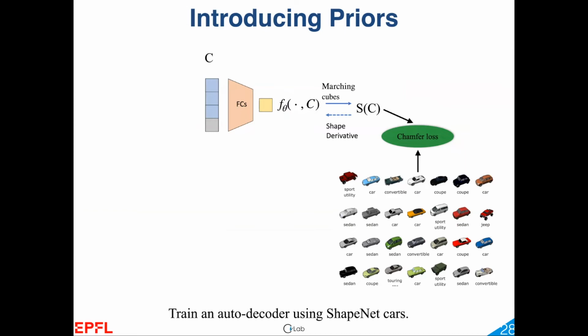And what we did is train a network to recreate a database of cars. So for each code C, you crank it through a network, it produces an implicit function F, and you make it so that for an appropriate value of C, the surface that you get can approximate each one of the individual cars in your data set.